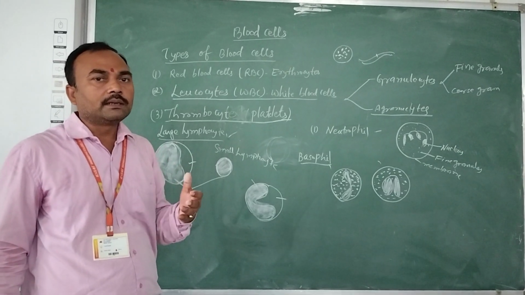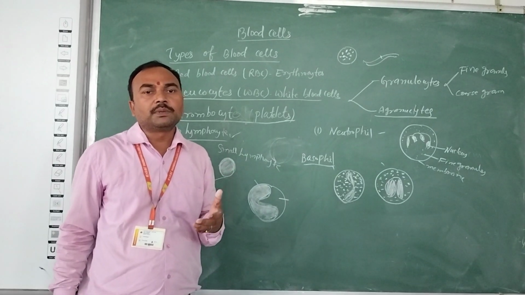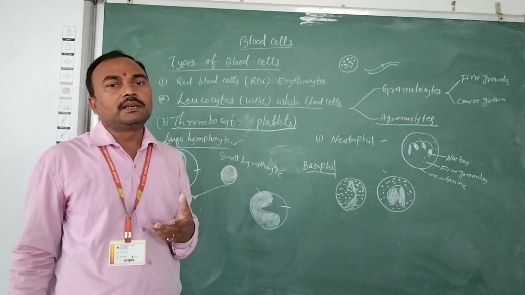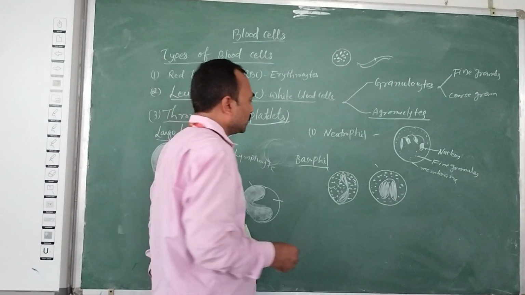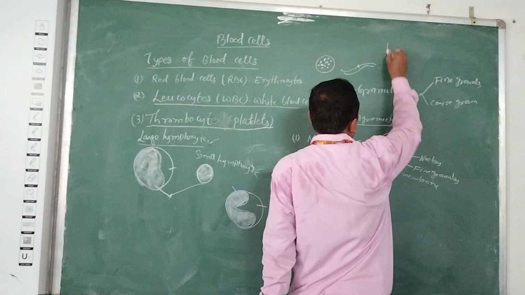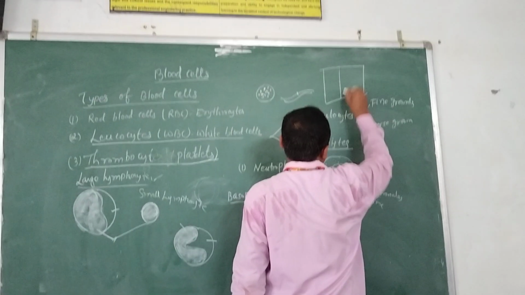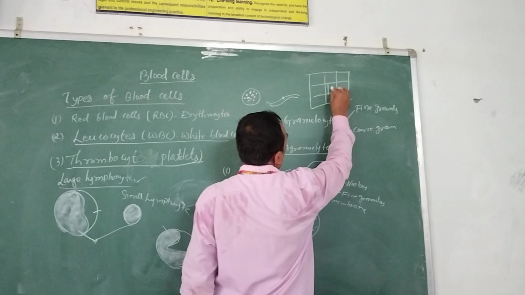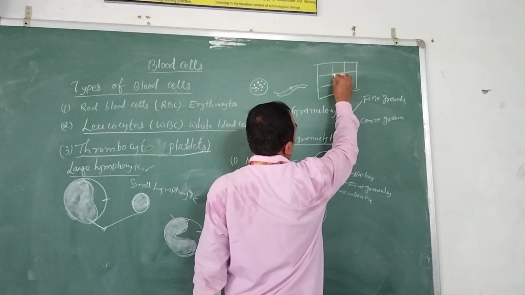We can load it in the Neubauer counting chamber, focus under the high power field, and count. The Neubauer chamber looks like a square, and at all four corners and the center there is a square having 25 squares.